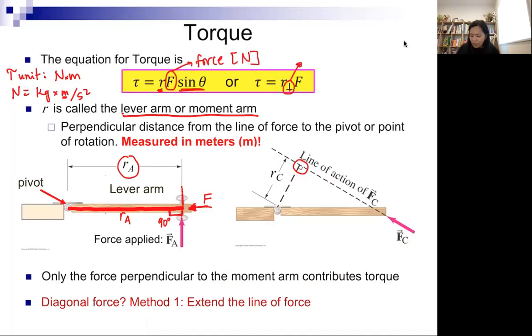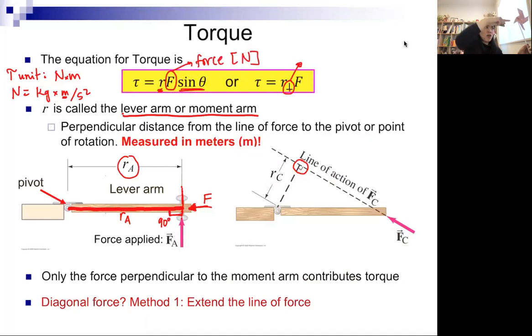The other way of determining the lever arm is that, remember, if you have a diagonal force, and we learned this last time when we were talking about diagonal forces, your diagonal force can be broken down into a horizontal force and a vertical force, right?